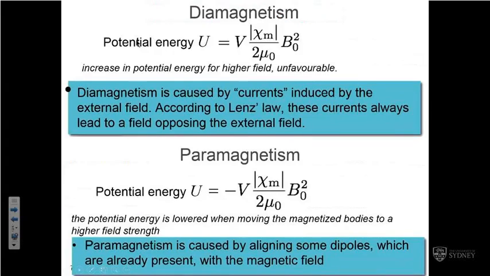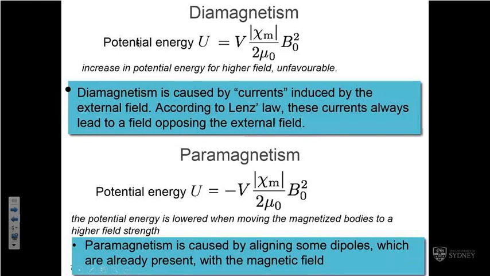For the diamagnetism, we have the expression here for the potential energy. You can see it's equal to volume, V, times susceptibility over 2 mu 0 times the magnetic field squared. You don't need to know how to derive that. If you're interested, you can look in Ashcroft-Mermin, but you're not expected to know how to derive that. The mechanism for diamagnetism is a bit like Lenz's law.